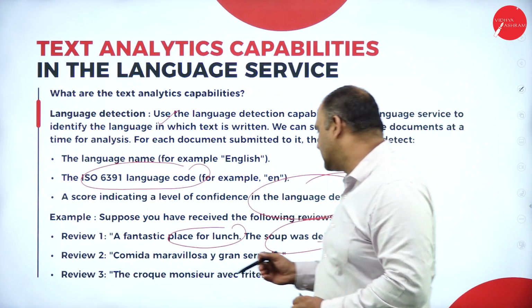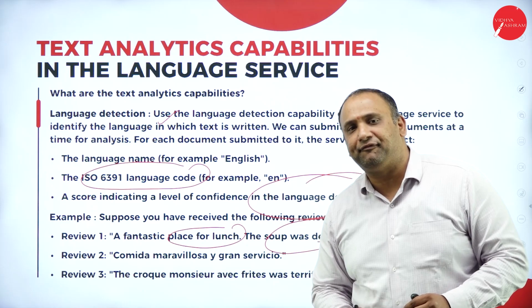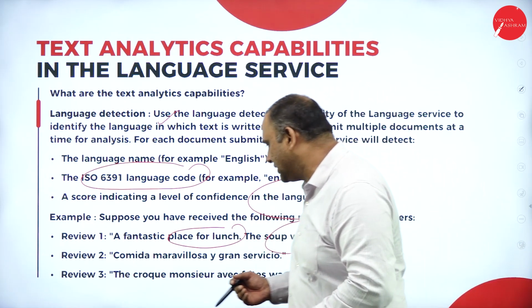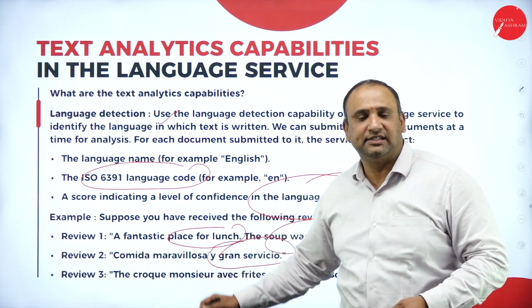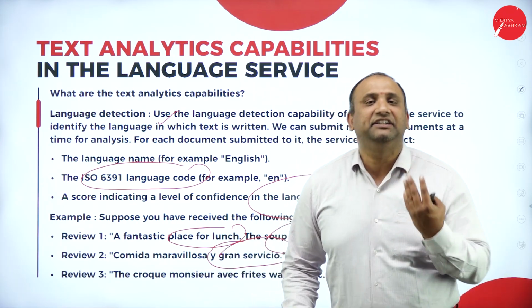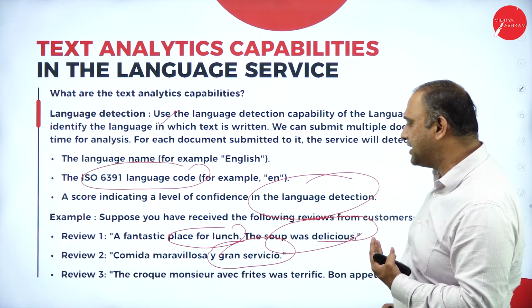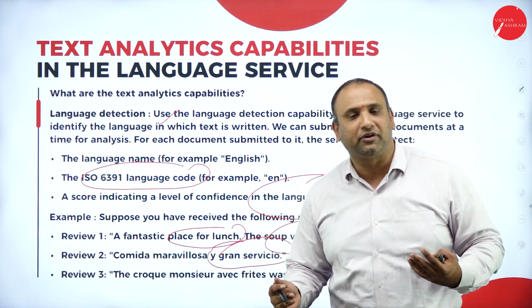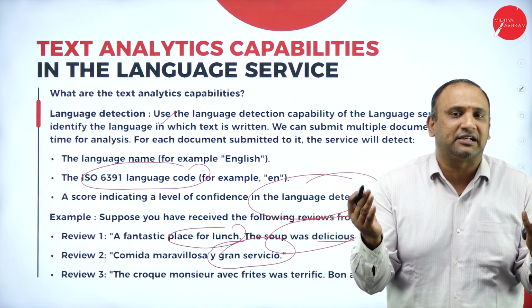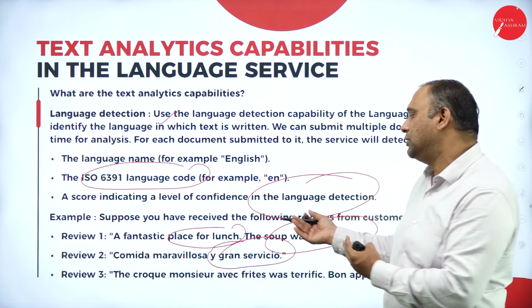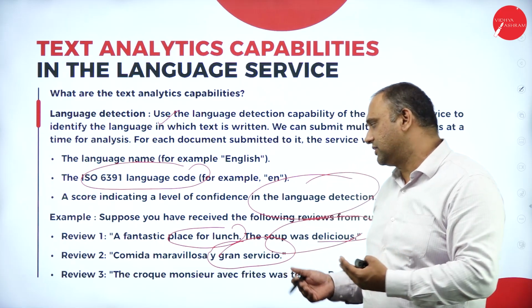Now, for example, I'm going to use a Spanish phrase where I say comida maravillosa, la gran services. When I use all these intonations and start speaking Spanish, that might not look really natural, because unless I get the native Spanish accent, I will not be able to make this natural.